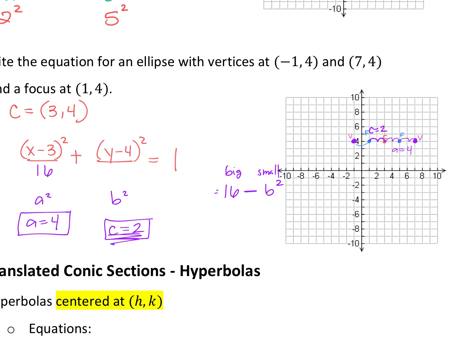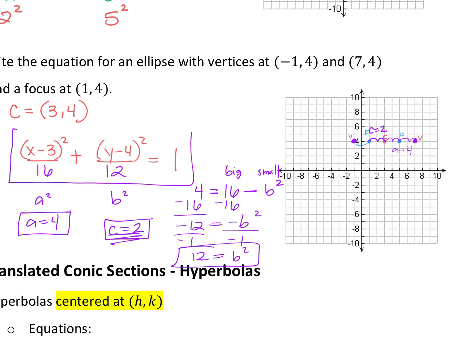Square that 2. All right, so that's our setup. Now we just have to solve it. So take away the 16. You get negative 12 equals a negative B squared. Just divide by a negative 1. So B squared is 12, and that's all the farther you have to go. Put that right here. And that, my friends, is your answer.